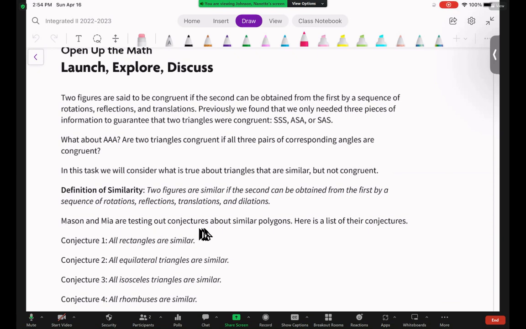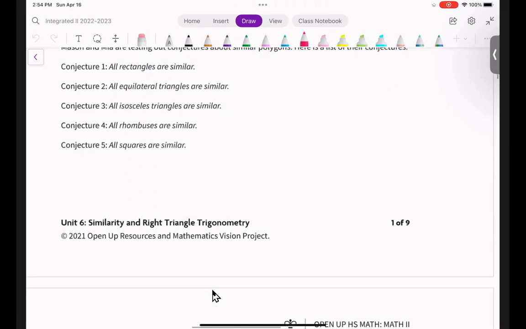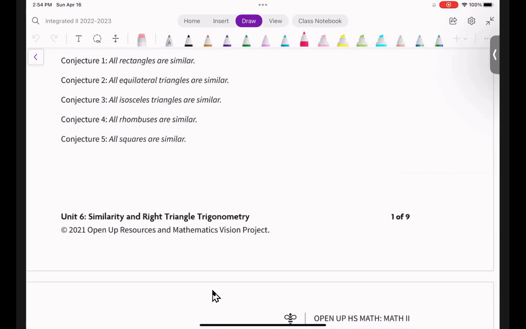So Mason and Mia are testing out conjectures about similar polygons. Here is a list of their conjectures. Number one, all rectangles are similar. All equilateral triangles are similar. All isosceles triangles are similar. All rhombuses are similar, and all squares are similar.